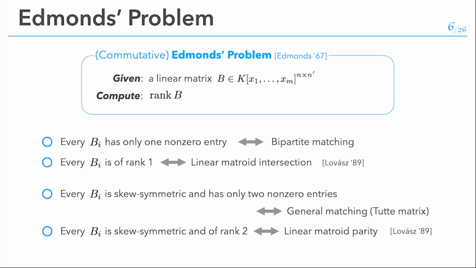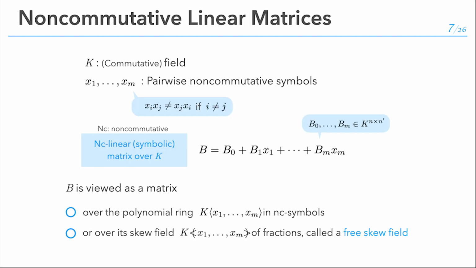And if every Bi is skew symmetric and has only two non-zero entries, the matrix B is called the Tutte matrix of a graph, and the computation of its rank corresponds to computing the maximum size of a matching. And if every Bi is skew symmetric and of rank 2, then the Edmonds problem is equivalent to the linear matrix parity problem. The commutative setting is very easy to understand, but hard to solve deterministically.